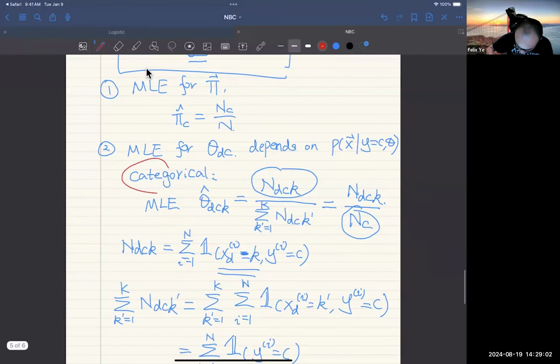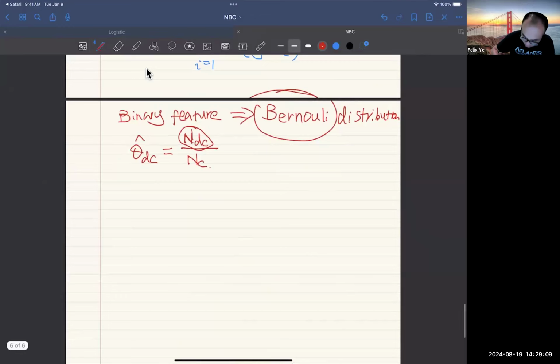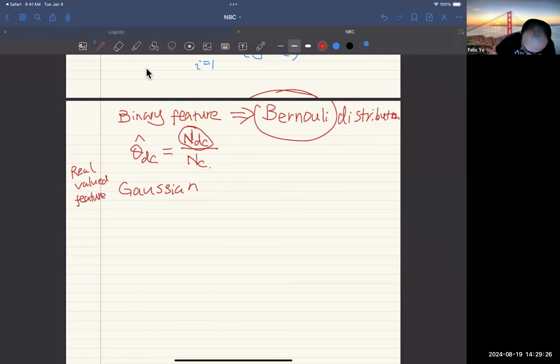Okay, so we have categorical, Bernoulli here, and also for real-valued features we have Gaussians. Here I'm not going to derive this, because you're going to derive it later in the course.